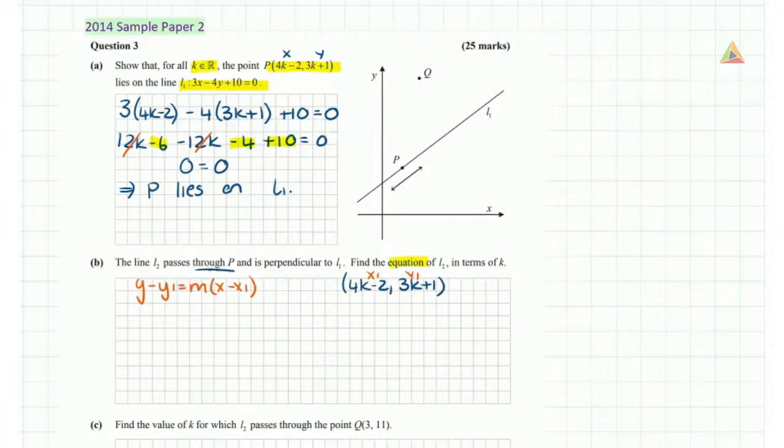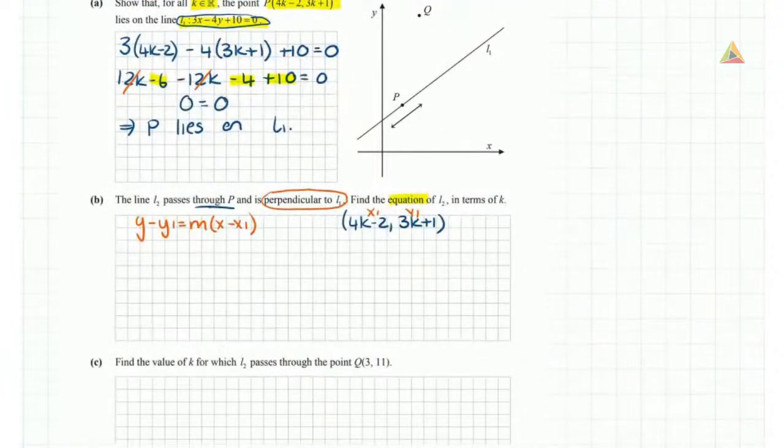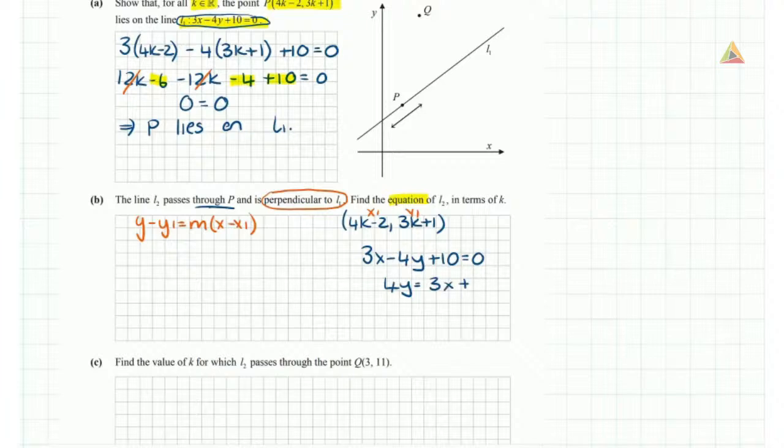And it's perpendicular to L1. So indirectly, that's telling me that if I know the slope of this line up here, I'll be able to find the slope of this second line L2. So taking that line, it's 3x minus 4y plus 10 equals 0. And our job is to try get y on its own. So I'm going to add 4y to both sides, and I'm going to divide across by 4.